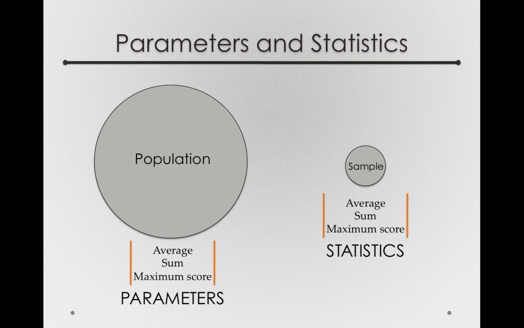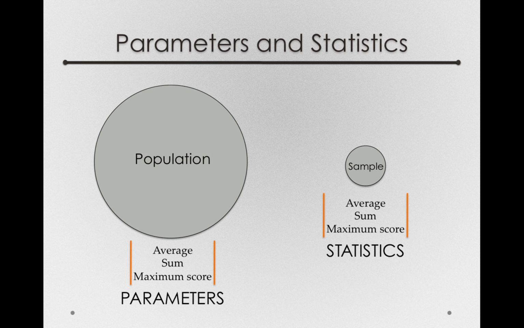Parameters describe something true in the world. The average height of all individuals in the world is a true value. If I take a sample of all individuals in the world, even a simple random sample, the average I calculate for my sample, which remember I'm trying to use to make an inference to the population, that average in the sample won't be a perfect representation of the population average.